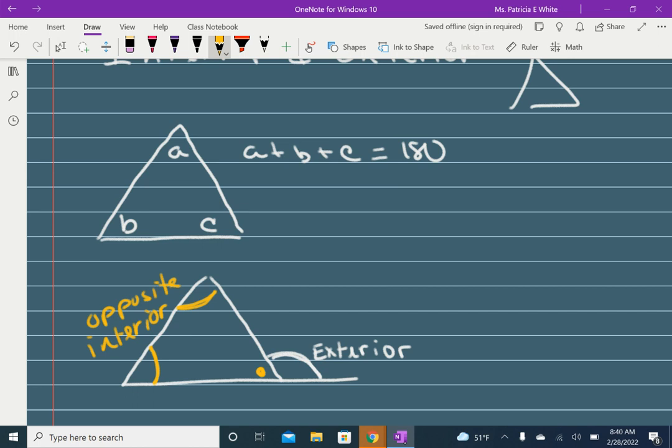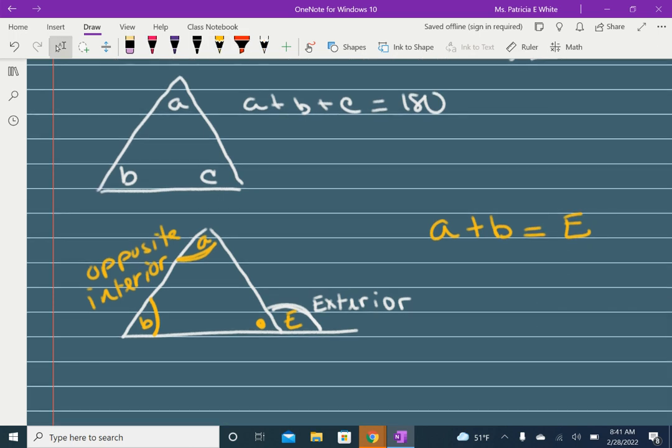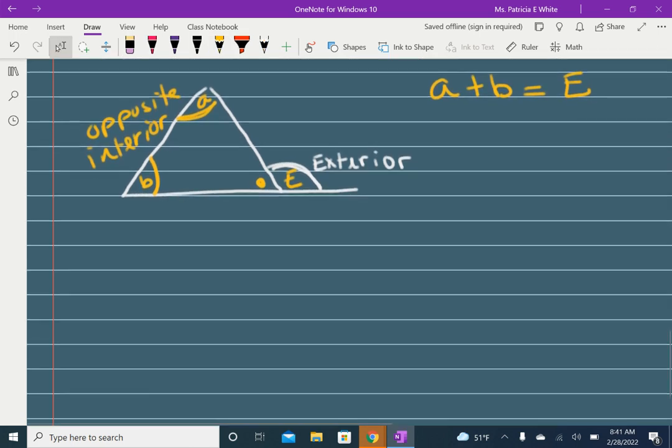Okay, so this is A, B, and this is, we're going to say E for exterior. A plus B equals E. My exterior angles. Opposite interior equal the exterior angle.